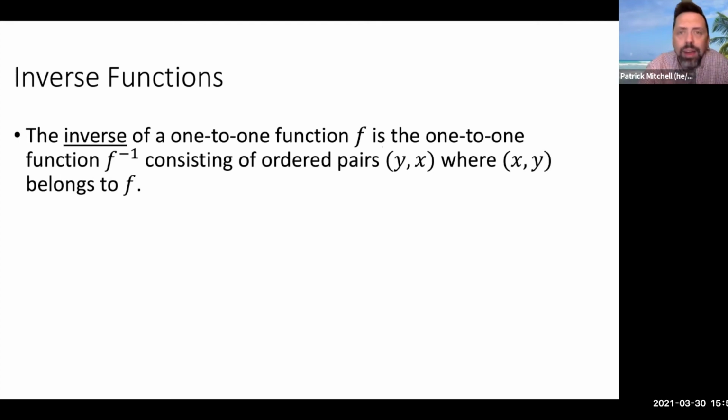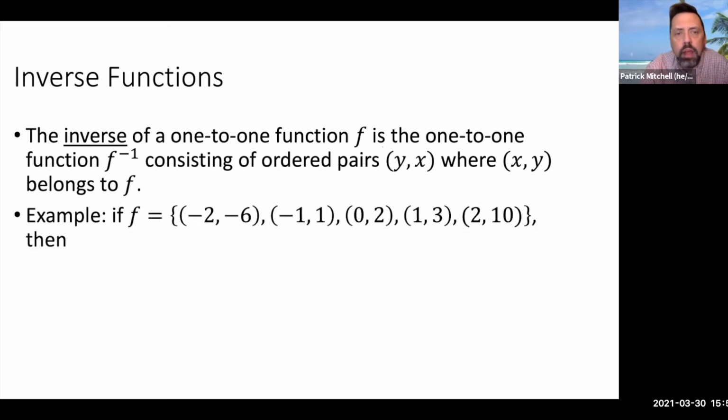So in my airplane example, I went from gate 7 to gate 18. So f of 7 equals 18. That means the ordered pair 7 comma 18 belongs to function f. And if f inverse is going to undo that, then the ordered pair 18 comma 7 would belong to f inverse.